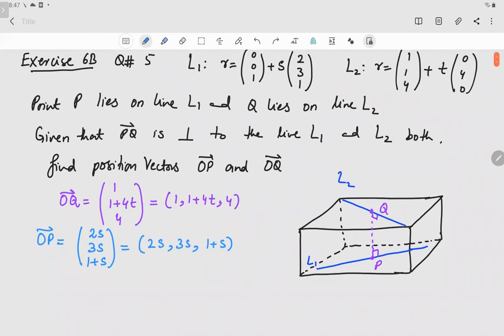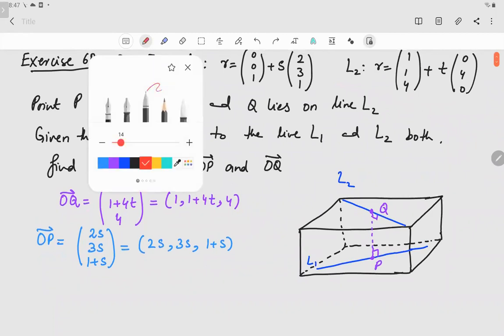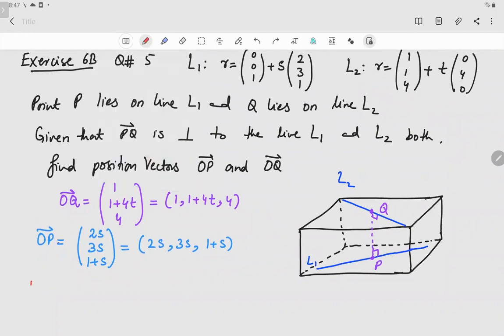Now vector PQ is equal to OQ minus OP. We could have also calculated QP. We can use any of them, this is not going to affect our analysis, because we just want a vector connecting the line L1 and the line L2.